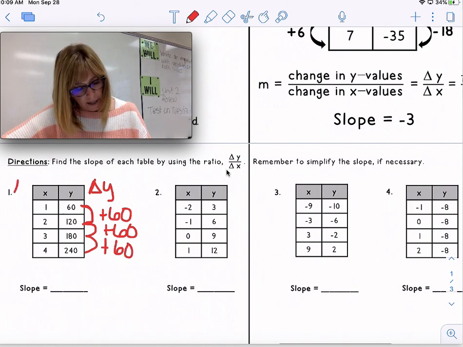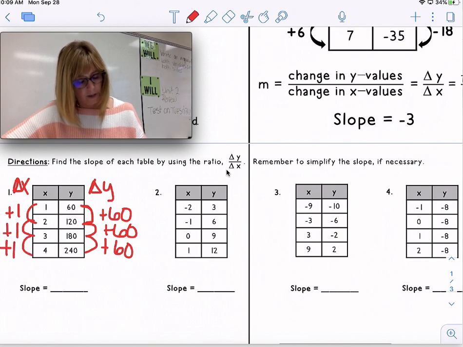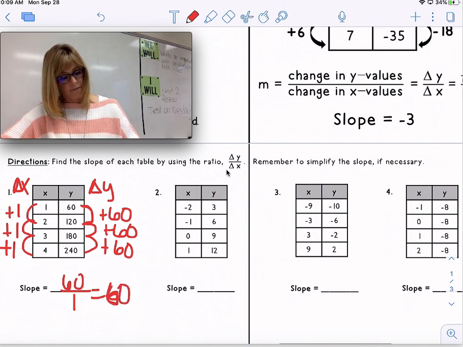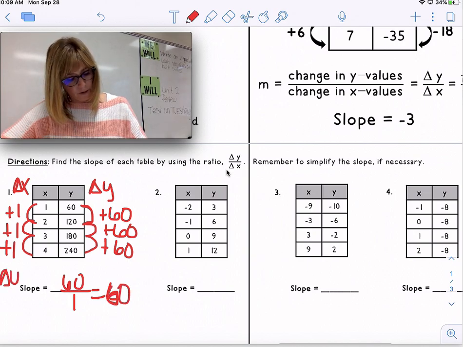And then our change in our x values, 1 to 2 is plus 1, 2 to 3 is plus 1, 3 to 4 is plus 1. So our slope is going to be 60 over 1, which is just a slope equal to 60. We always put the vertical change on top and the horizontal change on the bottom.